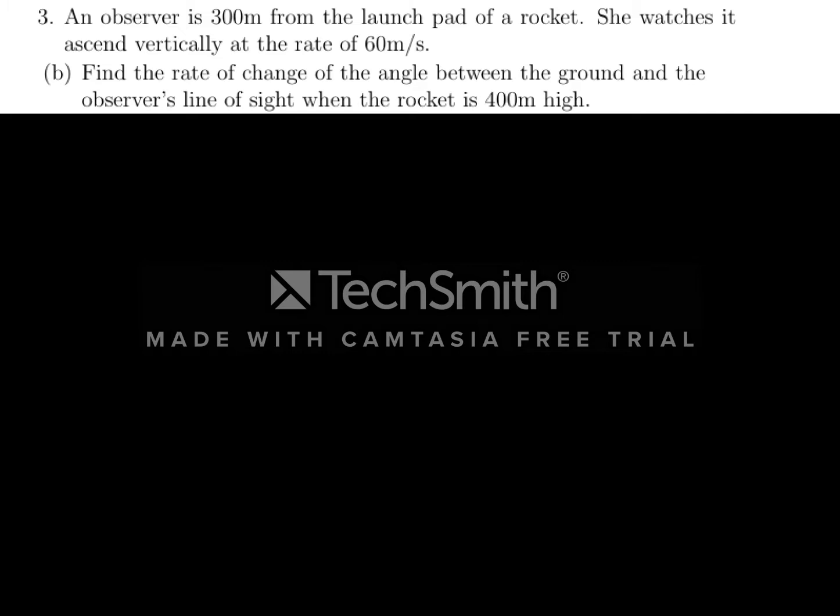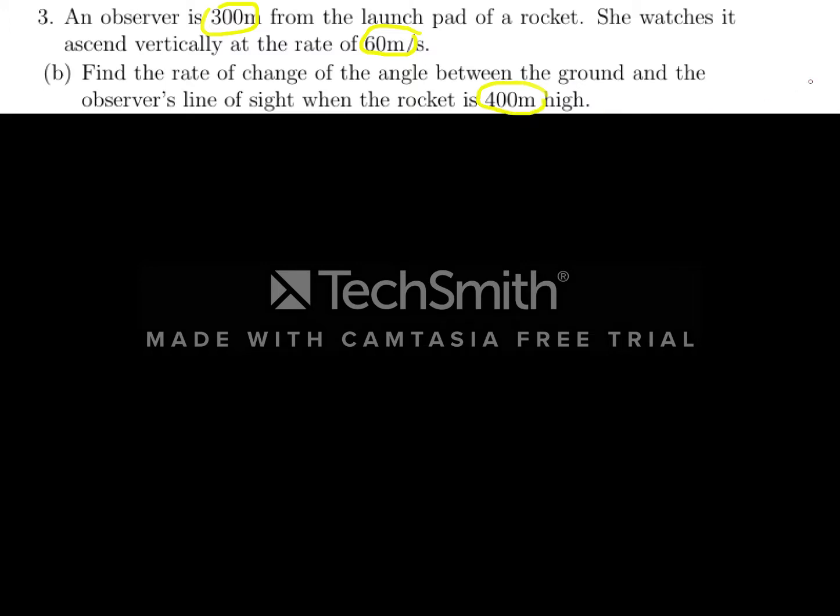So there's going to be a lot of repeated information as in problem 3A, but we'll go through the same process. We have, circling our key numbers, the observer is 300 meters from the launch pad, ascending 60 meters per second, 400 meters high.